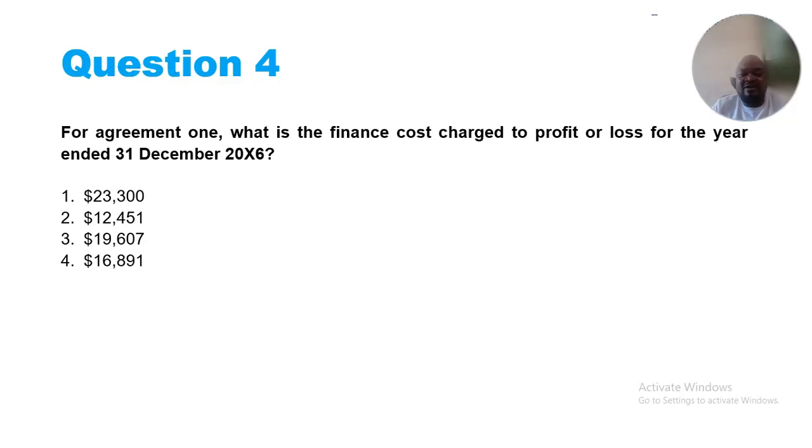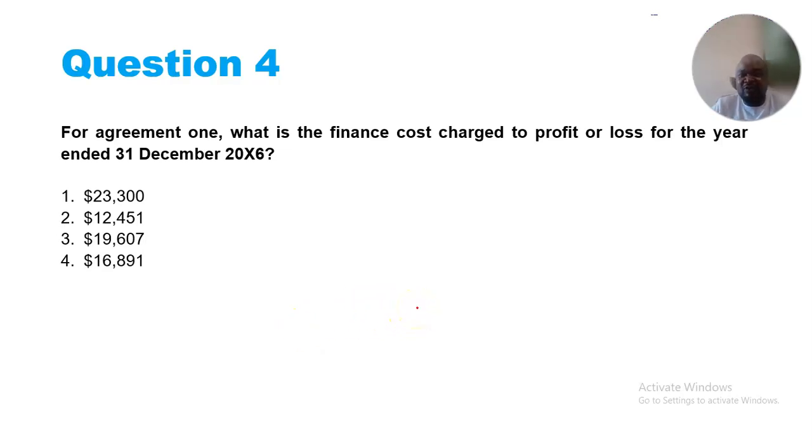For agreement 1, what is the finance cost charged to profit or loss for the year ended 31st December 20x6? Are we together?